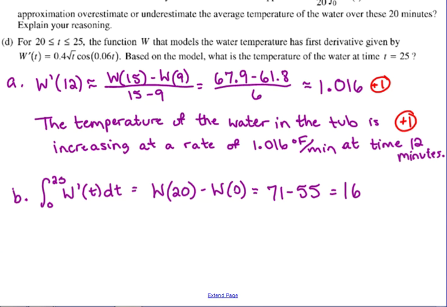So what are we talking about? An integral is always an accumulation. W prime was the rate at which the temperature was changing, so if we accumulate the change in temperature, our answer is how much the temperature in the tub has changed. Since it's positive, that means that the temperature has increased. So there are several different ways that you can say it.